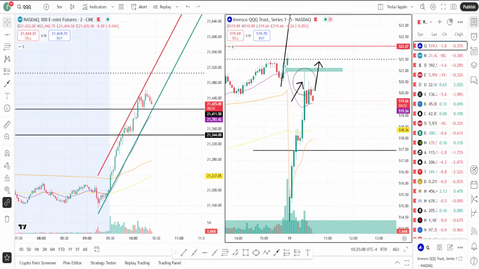All right, we're starting to see some more sellers here. Oh, this is looking like it wants to flush now. This is looking like it wants to flush.